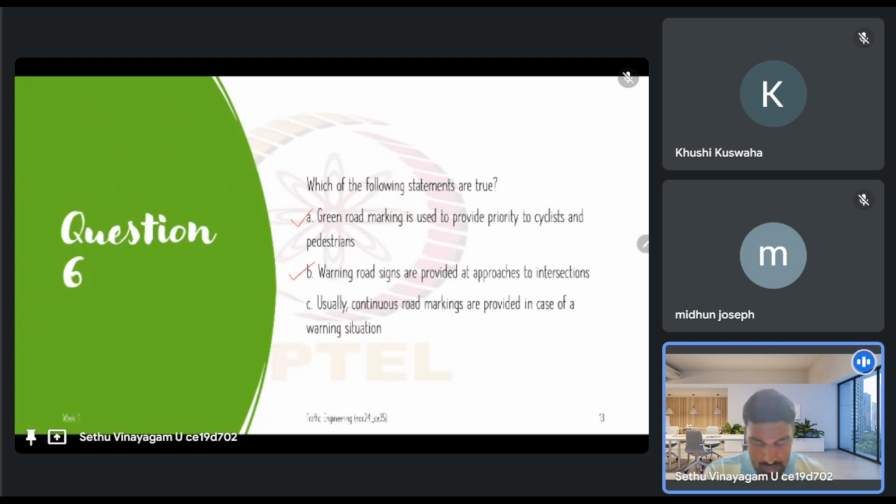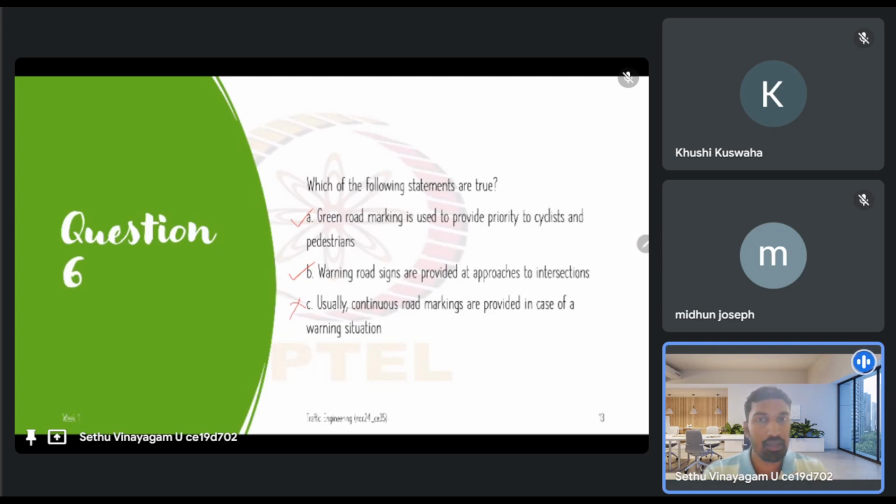Whereas C says usually continuous road markings are provided in case of a warning situation. This is incorrect. Where do we use continuous road markings? If there is a continuous road marking, what does it mean? It is not permitted to cross that particular line, right? When we see horizontal continuous lines on the road, it means the vehicle should not cross that continuous line. When it is a broken line, the vehicle can cross it.